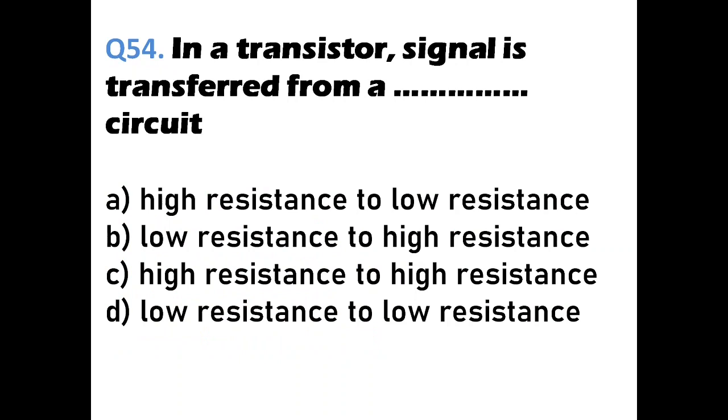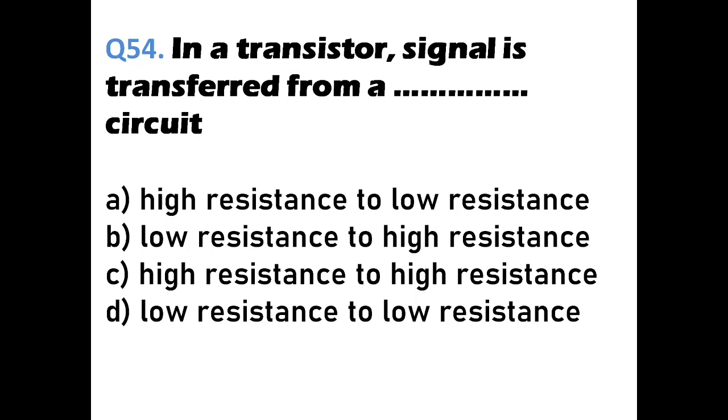In a transistor, signal is transferred from a dash to dash, from a dash circuit. The options given are resistance values: high to low, low to high, high to high, or low to low. In a BJT the emitter base junction is forward biased, and forward bias means low resistance. The base collector junction is reverse biased, and reverse bias means high resistance.